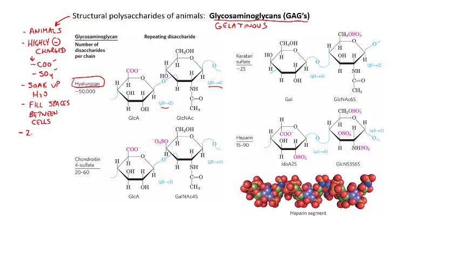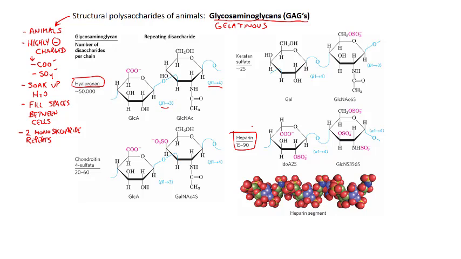So we have 2 monosaccharide repeats. There are others out there. So keratan sulfate is just plain old galactose, beta 1 to 4, in acetylglucosamine 6 sulfate, beta 1 to 3, and then it repeats again.